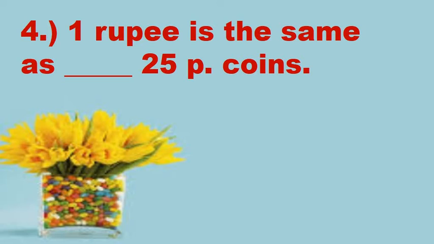So how many coins of 25 paisa do we need to make 1 rupee? We need 4 25 paisa coins. One rupee is the same as 4 25 paisa coins.